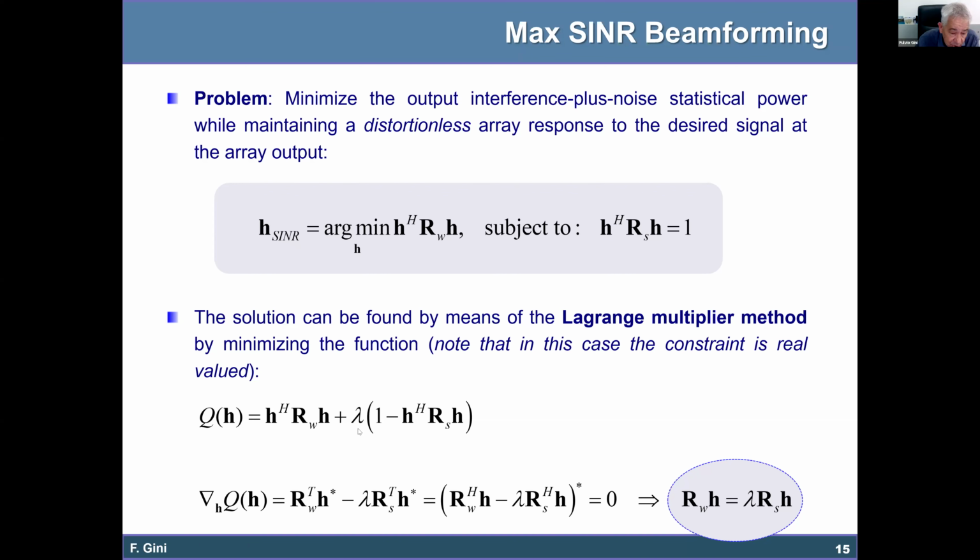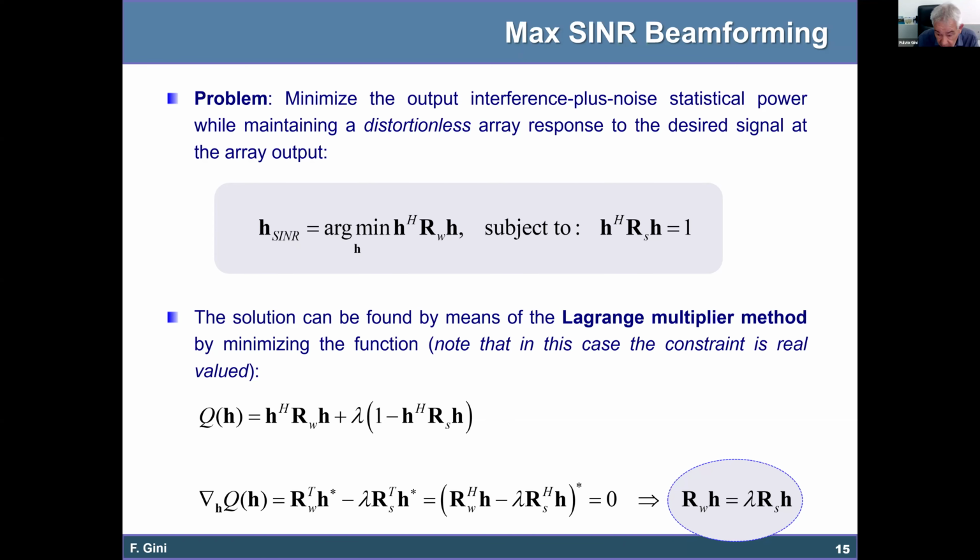Lambda is the Lagrange multiplier. We calculate the gradient. So trust me that this is the gradient of the quadratic form Q. We set the gradient equal to 0, and we obtain the linear system of equations that we have to solve.